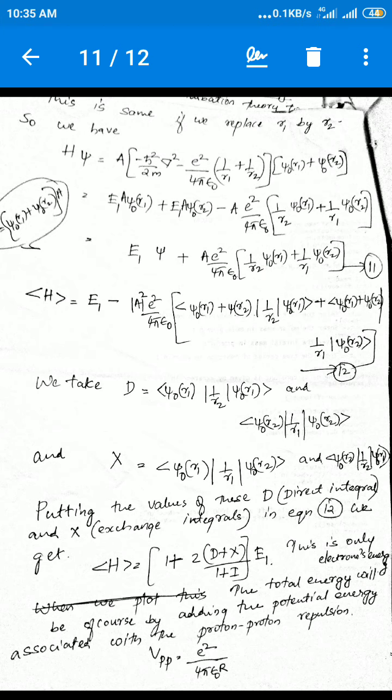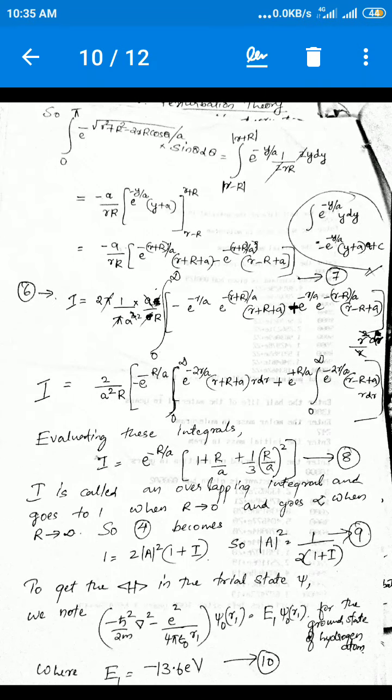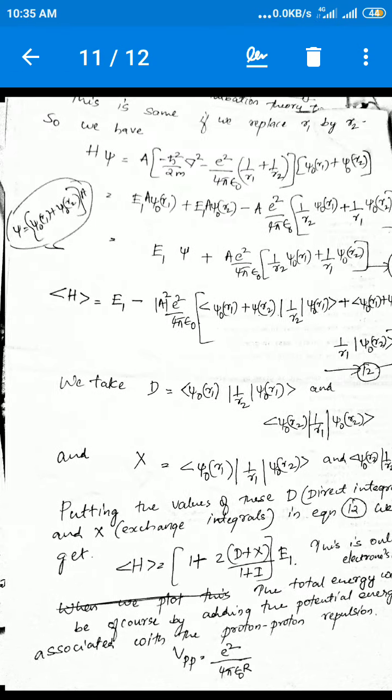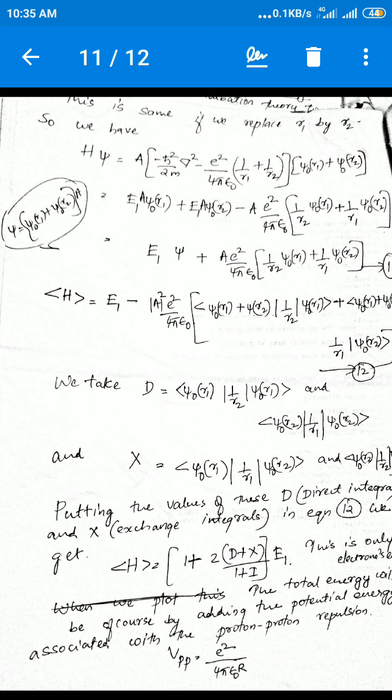When we substitute A modulo square, it is 1 by 2 into 1 plus I, isn't it? A modulo square we have studied. 1 by 2 into 1 plus I, when we substitute that, we get this equation. So 1 plus 2 into d plus x divided by 1 plus I into E1.